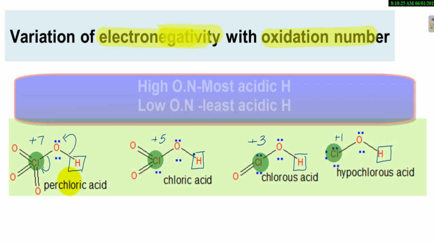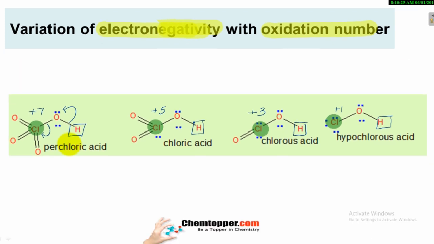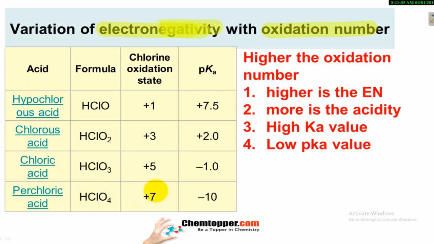It means as we go from lower oxidation number to higher oxidation number, acidity increases. So, perchloric acid is the strongest acid with the highest oxidation number on the chlorine atom. This is a stronger acid and it has a very low pKa value. Hypochlorous acid with +1 oxidation number of chlorine atom is the weakest acid of this series with the highest value of pKa.